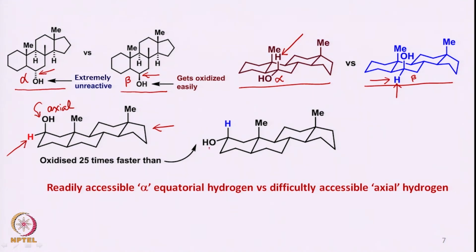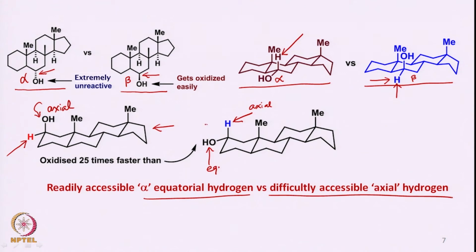On the other hand, the hydroxy group in this molecule is equatorially oriented, but the hydrogen here is axially oriented. So, the access of the alpha equatorial hydrogen versus the difficultly accessible axial hydrogen.